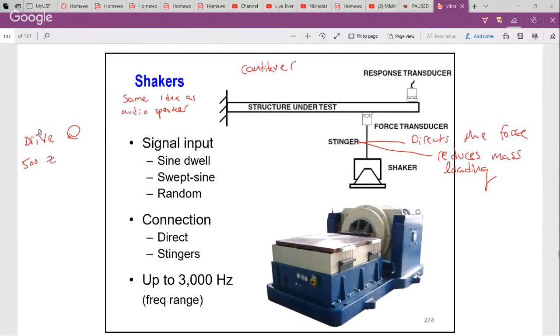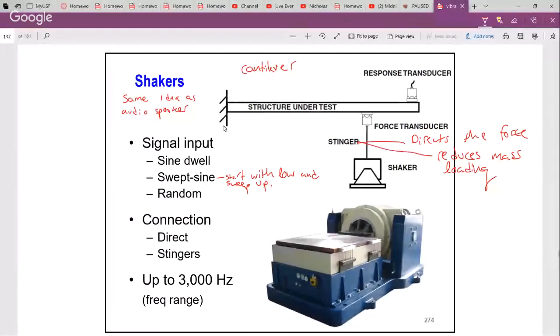We also have, for the purpose of determining the frequency response, what's called a swept sine. In this case, we start at a low frequency and sweep up. In fact, I only showed you frequency response for sensors here, but I could have shown you frequency response for a structure.